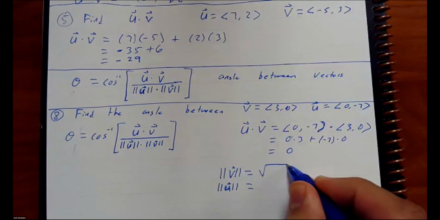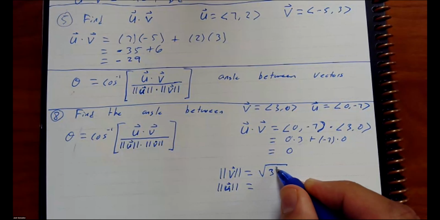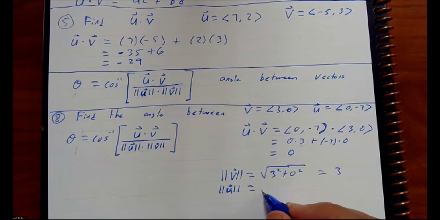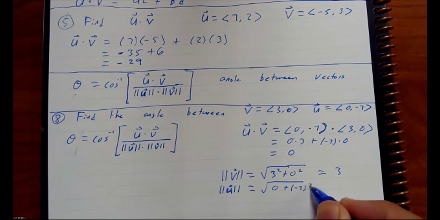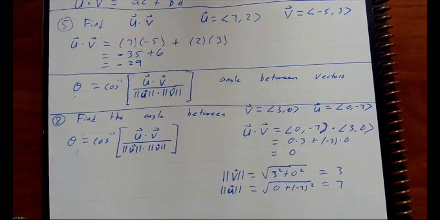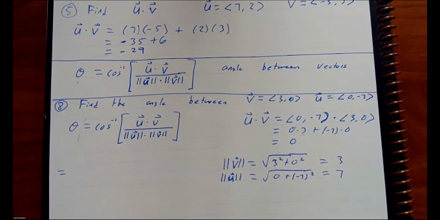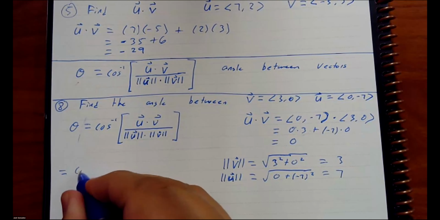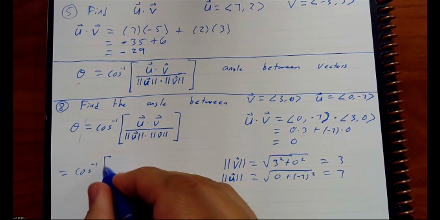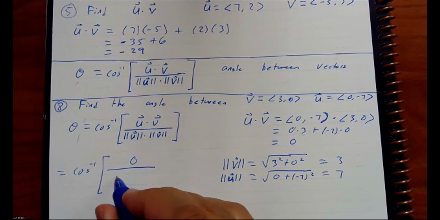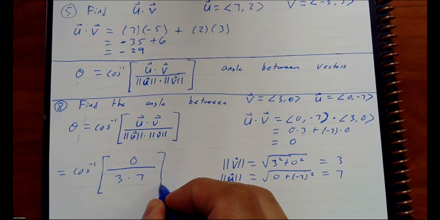Okay, so now we need the magnitudes, right? So this will be 3 squared plus 0 squared. That'll be 3. This will be 0 plus -7 squared, which will be 7. So this will be, well, I guess the bottom doesn't matter, does it? 0 over 3 times 7.